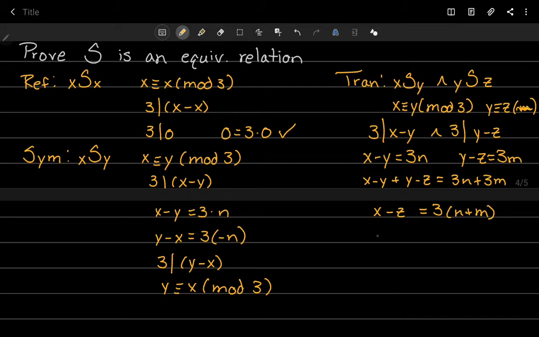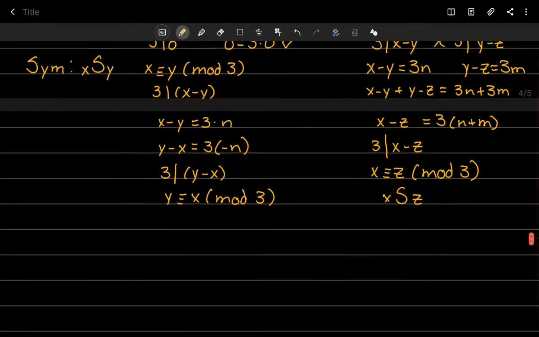So 3 does divide x minus z, which means x is congruent to z mod 3. Which is what I wanted, because that gives me x related to z. So now I have my scratch work. I see how my proof should go. That I just set aside, and then I write up my proof to turn into my teacher.